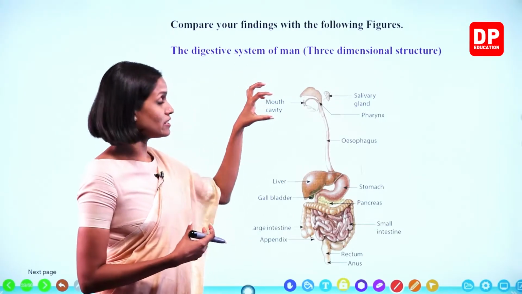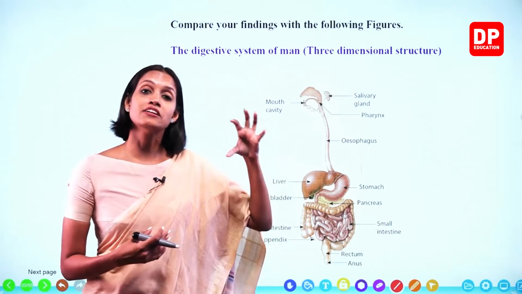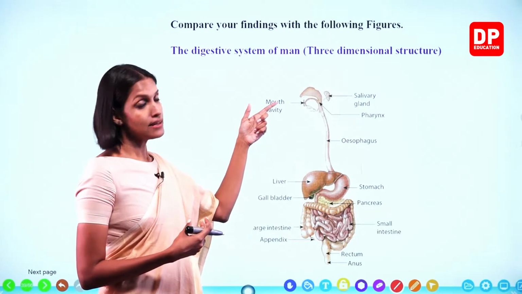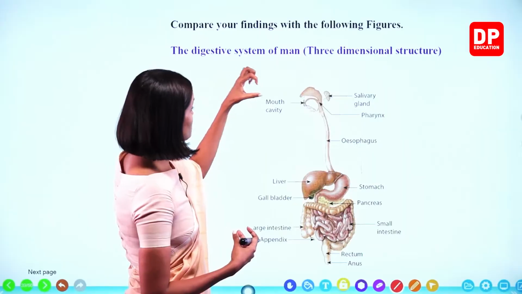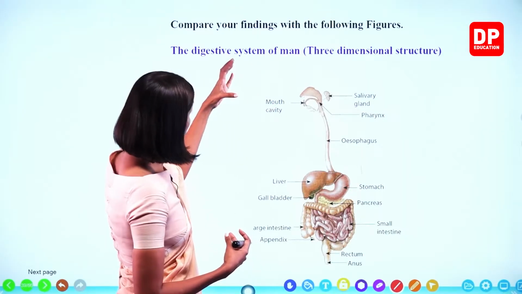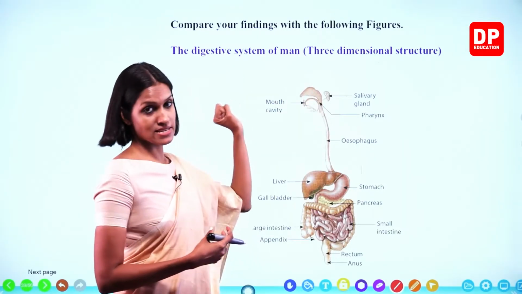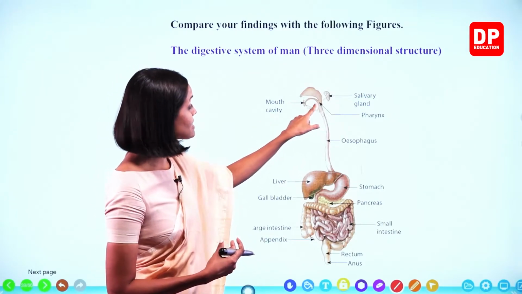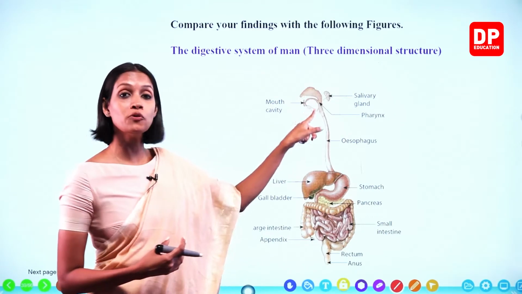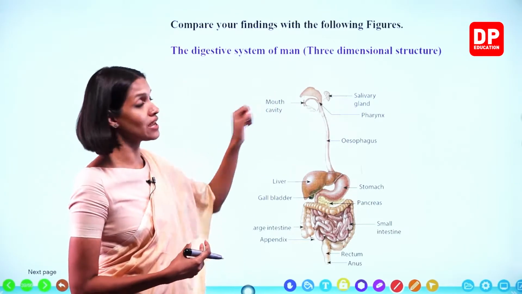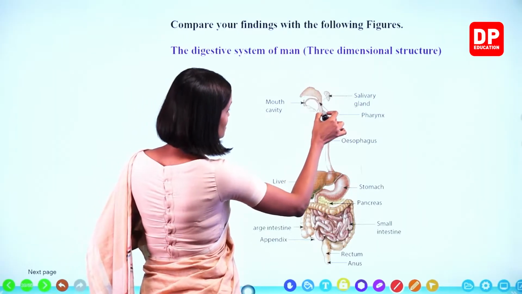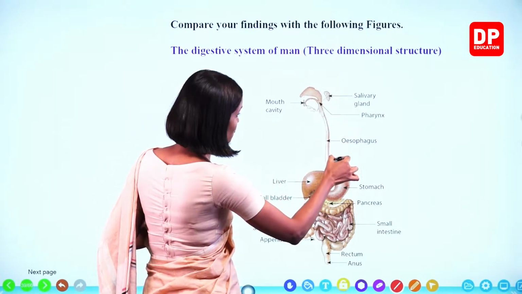Inside the mouth cavity, the large food particles are broken into small pieces by teeth, right? Then, using the tongue, food is pushed towards the pharynx. Now, you are going to learn that the pharynx is an area common to both the digestive and the respiratory system. How? When you consider the digestive system, this is the esophagus.